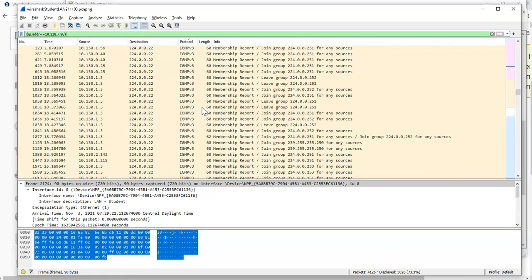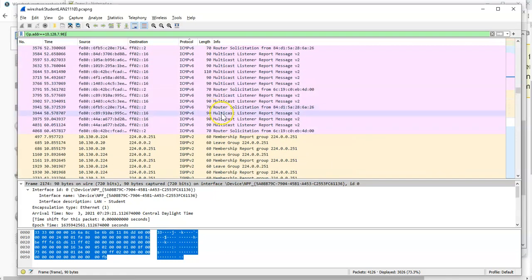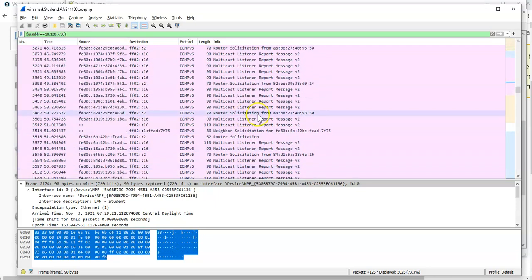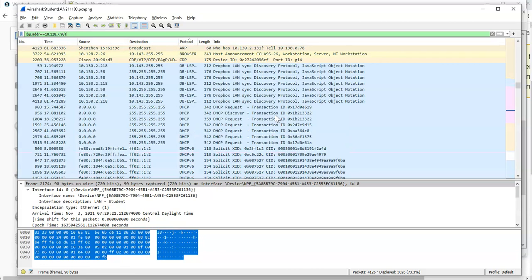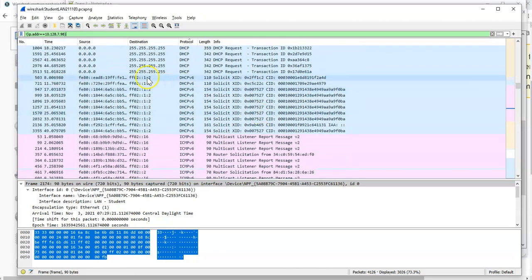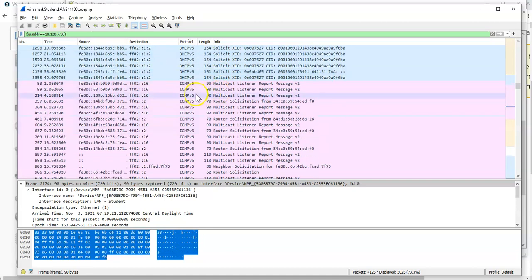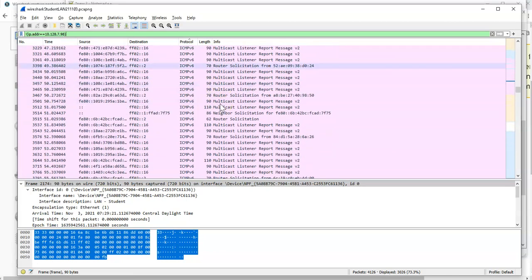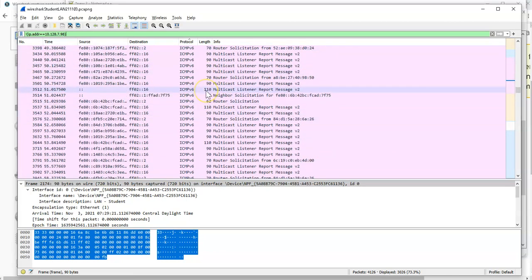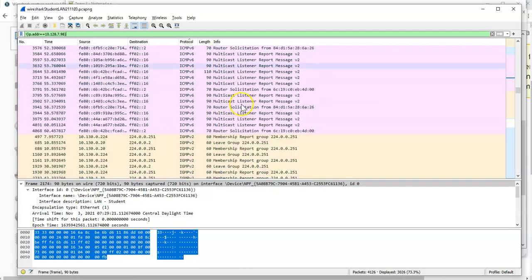Like for now, I don't know what IGMP is until I click on that. Wait a minute, it's a router solicitation, it's a multicast listener. We have people doing multicasting on our network, and I'm kind of curious, what's going on with multicasting with this IGMP? There's ICMPv6s. They're talking IPv6 generates different traffic.